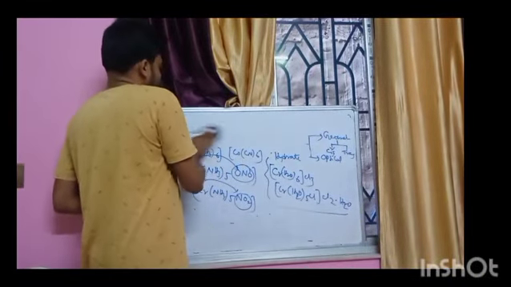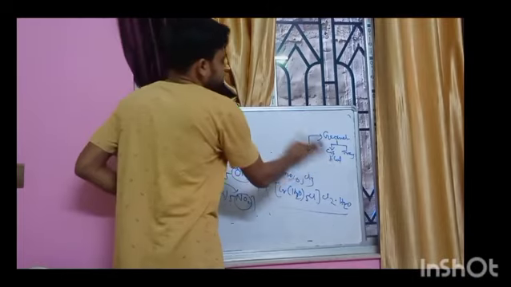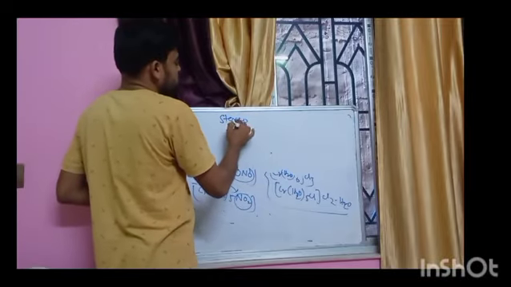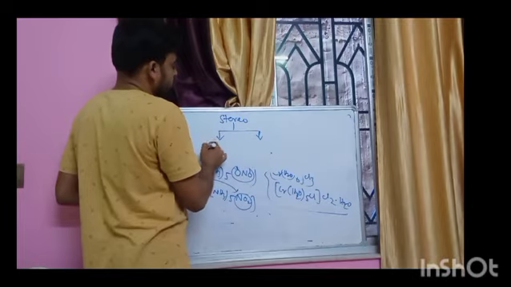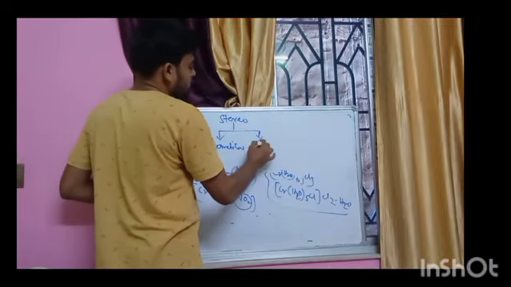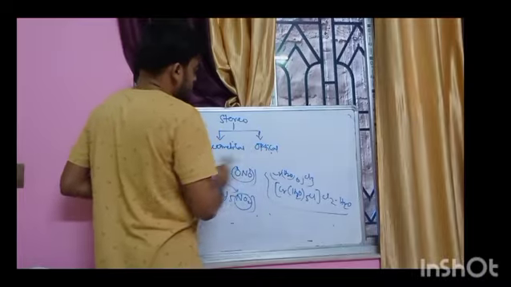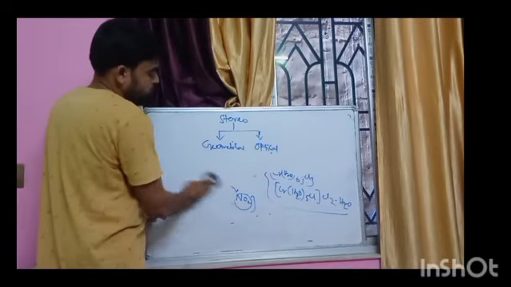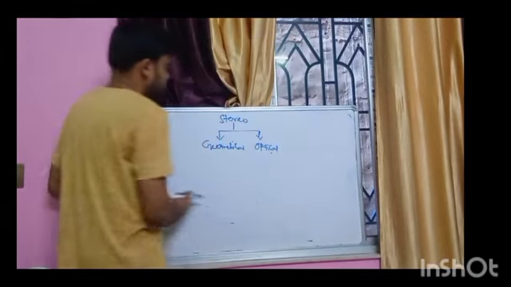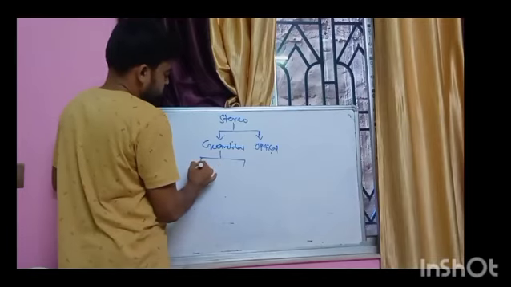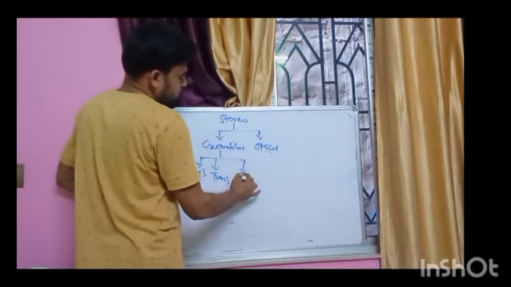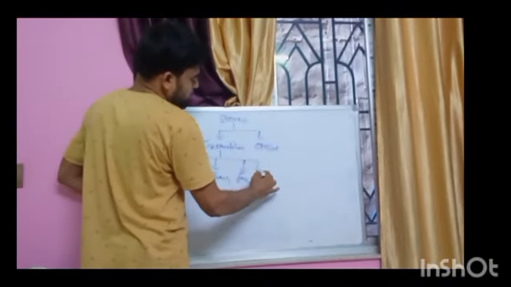So let us start with stereoisomers. Geometrical isomers are generally of two types, but are divided into four types: cis, trans, fac and mer.